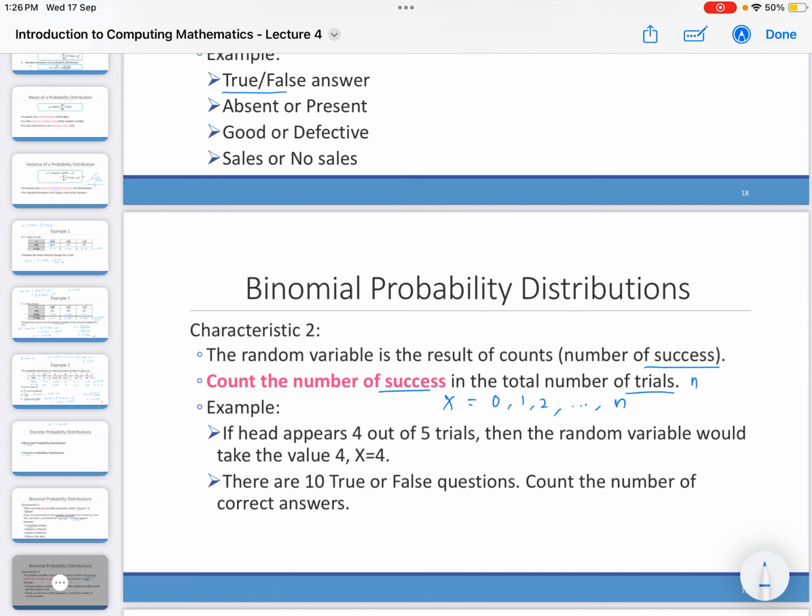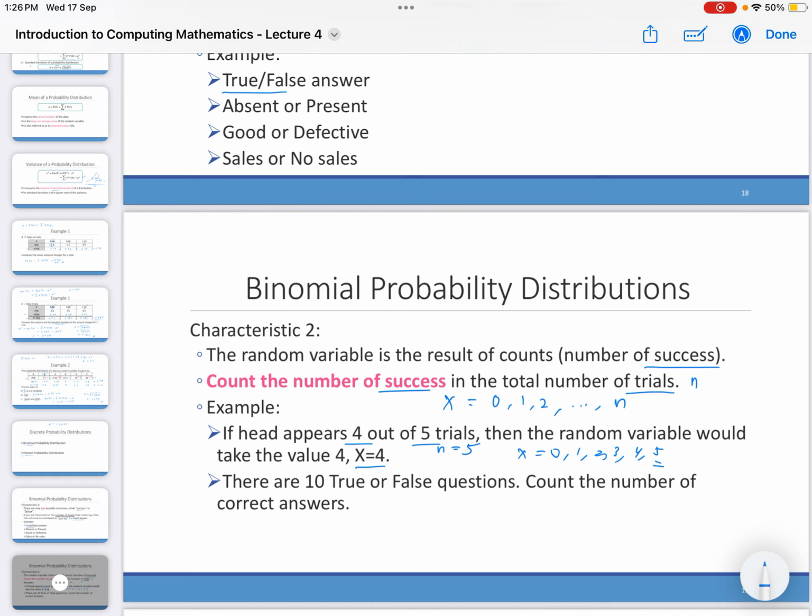For example, if heads appears 4 out of 5 trials, here we have n equals 5 trials, so the random variable will take the value x equals 4. So x can take the values 0, 1, 2, 3, 4, 5, up to 5 only. The maximum number will be the number of trials.